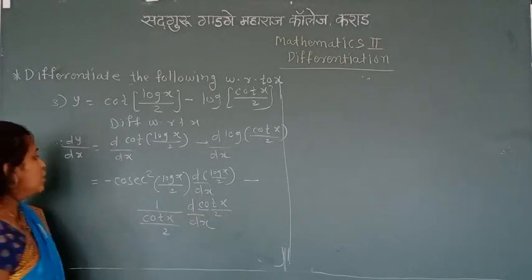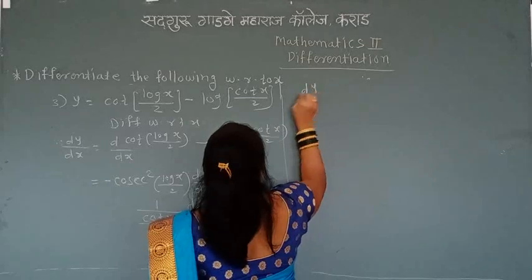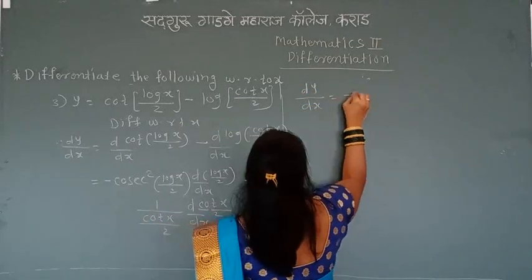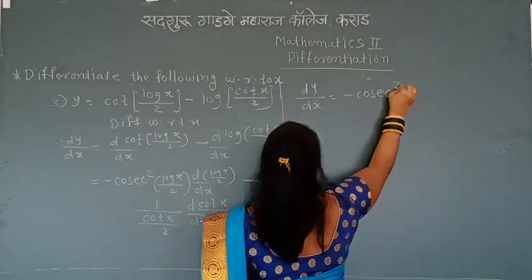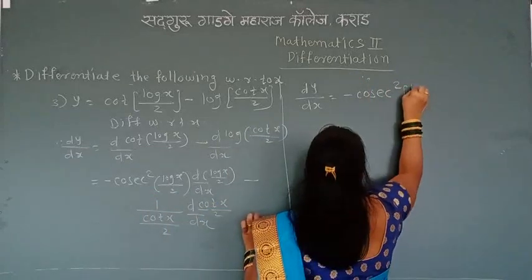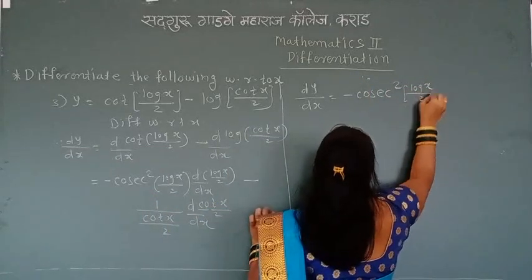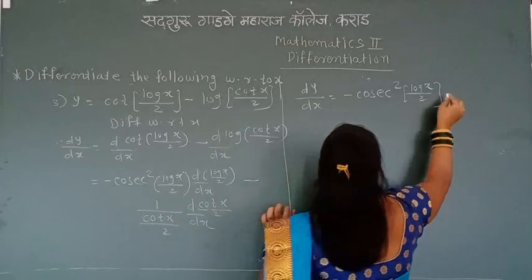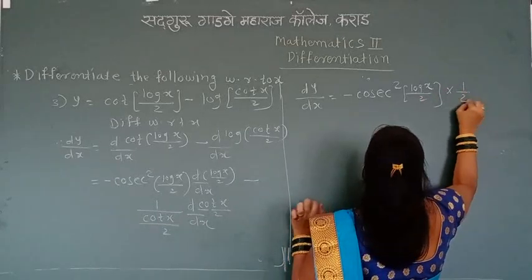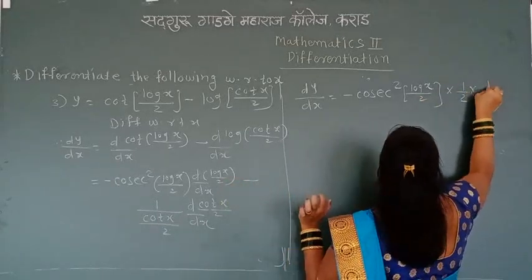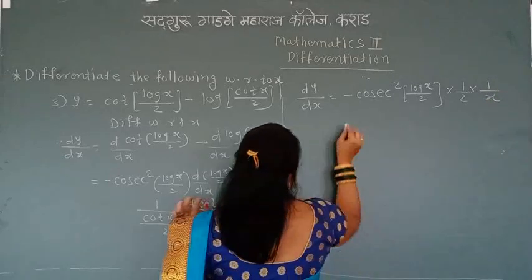Take it outside. So we get here dy/dx is equal to minus cosec squared. Inside the bracket the angle is log x upon 2, and the derivative: 1 by 2 is constant, multiplied by the derivative of log x, which is 1 by x.